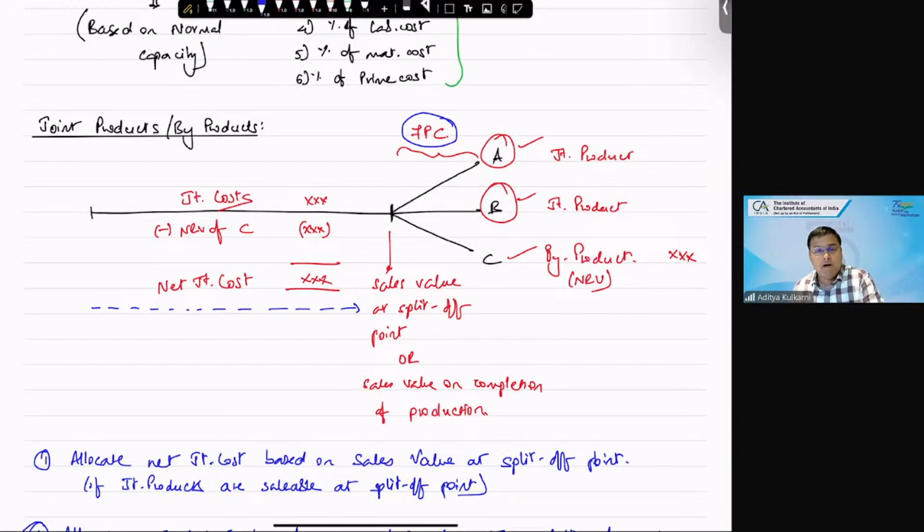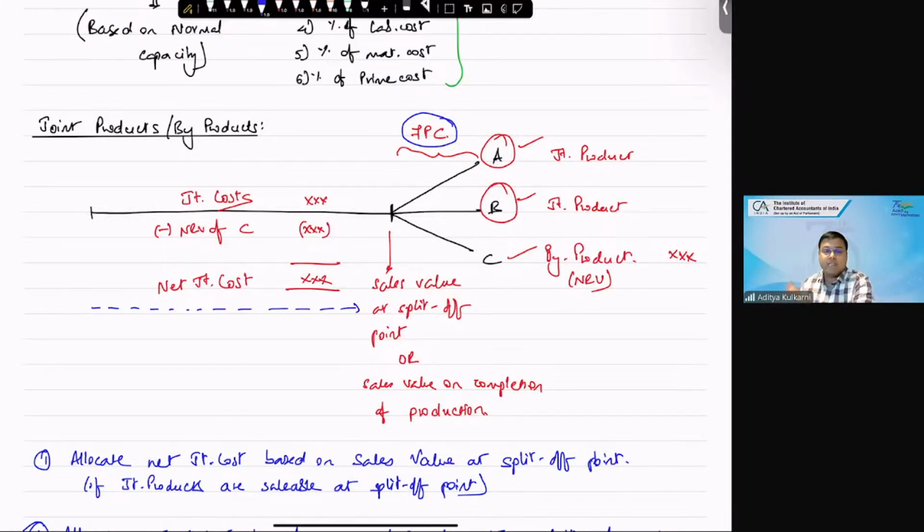If they are different products, cost cannot be the same. So output method for allocation of joint cost, never prefer that, unless you have no other option. So output method to gaya. I mean, it is ruled out.